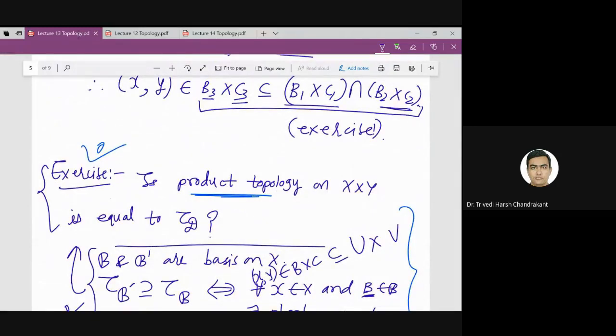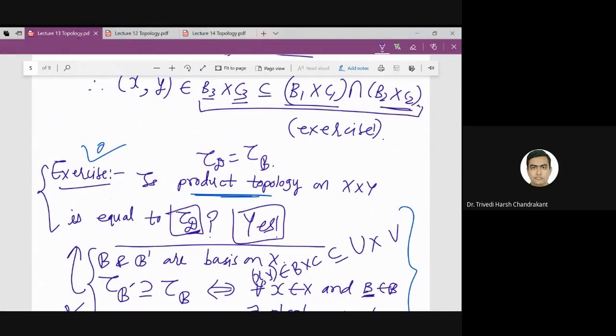So here the answer is yes. You can check this. If I have the basis D or the other basis U cross V, they generate the same topology. Tau D is basically tau V, right?